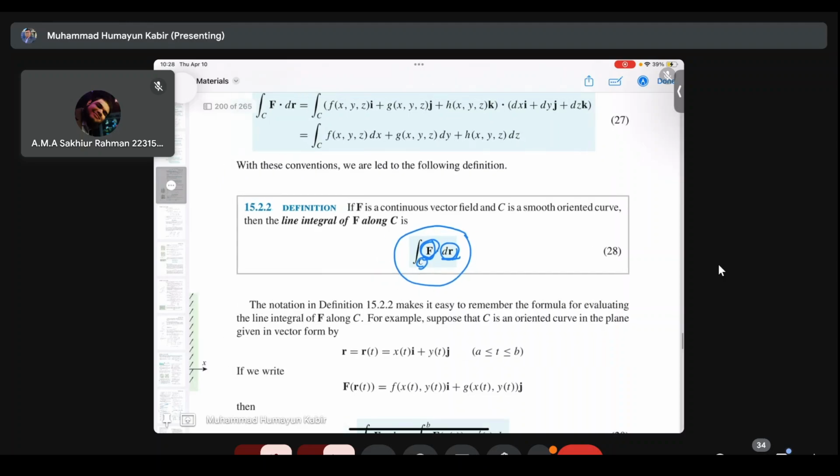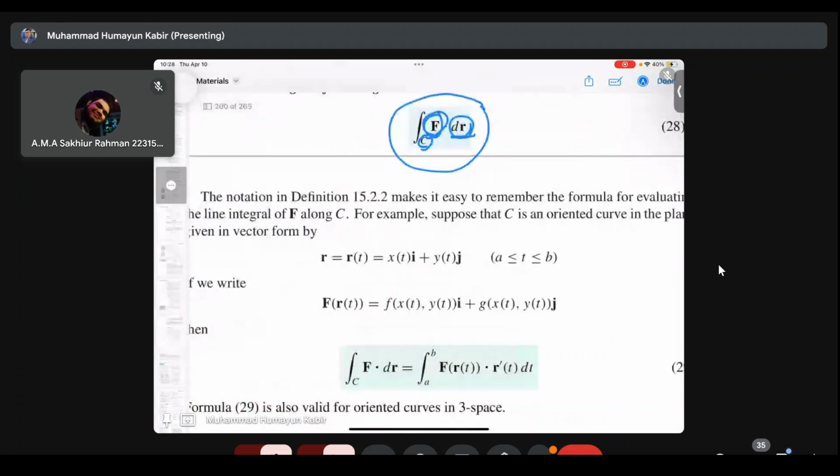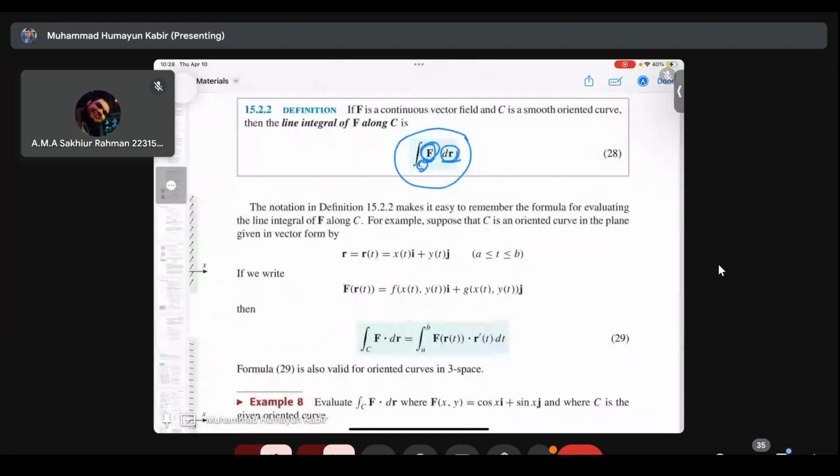This is the idea behind it. Now what we want to learn here is how we can evaluate a line integral if it is defined in terms of a vector field. The process is not so difficult; it is almost the same. You must know a position vector along the curve C, defined by r.